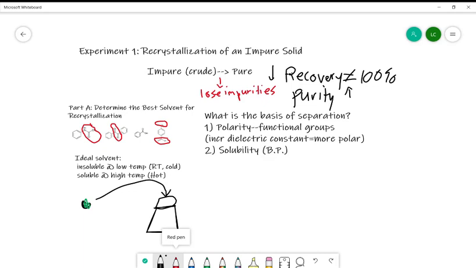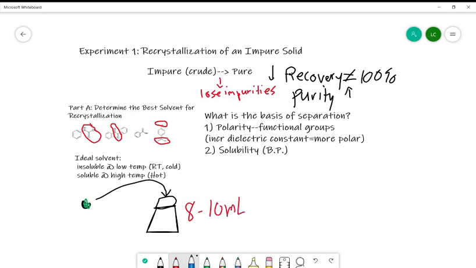The minimum amount is really important because you don't want to use too much. If you use too much, you're not going to get anything out of it because of solubilities. So essentially you want to limit the amount of solvent. In our case, we said around 8 to 10 milliliters was pretty good.